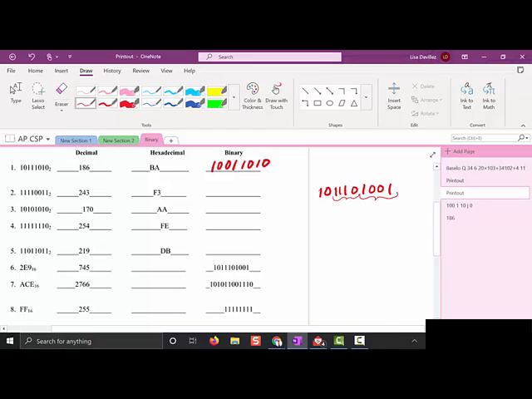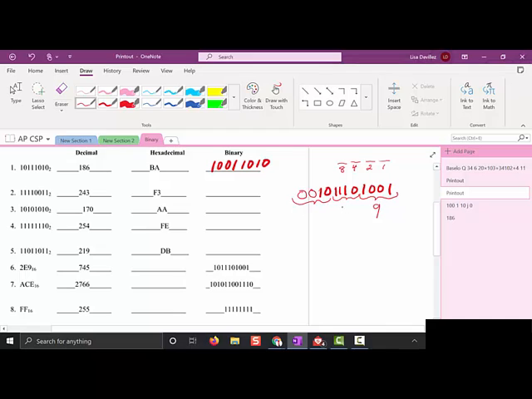There's my next group of 4. And then if you have some left over and you have less than 4, you just add 0s, in this case 2 zeros, to make it a group of 4. Okay, and remember our 1, 2, 3, 4. That is 1, 2, 4, and 8. So this is 8 plus 1, that's 9. This is 8 plus 4 plus 2, so that's 14.